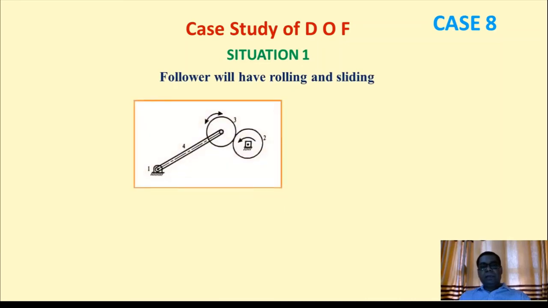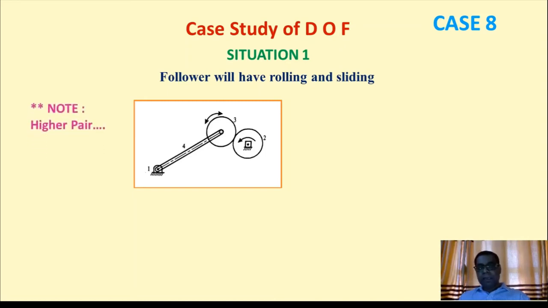Now we proceed to the last situation, that is case 8. There are 3 different criteria of this particular problem. Perhaps you have gone through it. It is a kind of cam follower system. Now there are 3 possible situations of this system. In the first, the follower will have rolling and sliding both the motion.